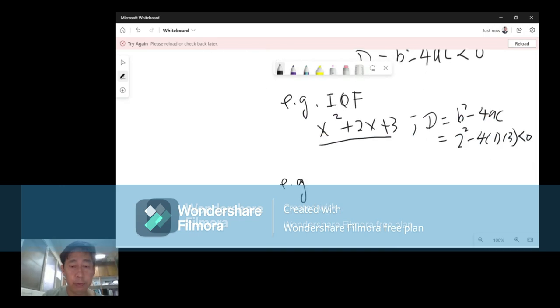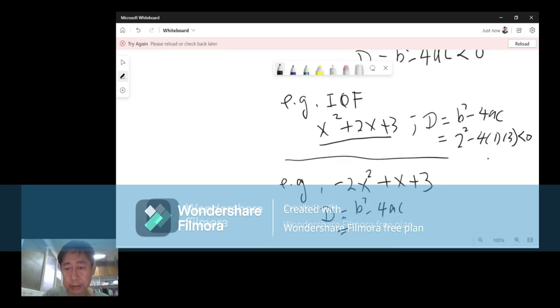Another example is minus 2x squared plus x plus 3. Let us try to see if this quadratic expression is irreducible or not irreducible. The discriminant b squared minus 4ac is plus 1 squared minus 4 times minus 2 times 3.